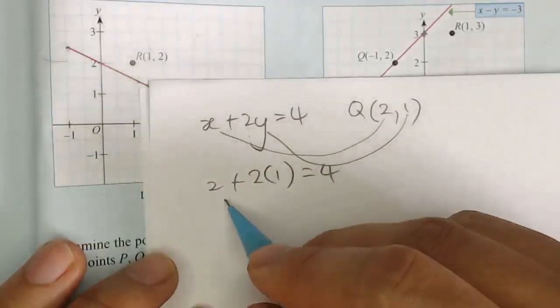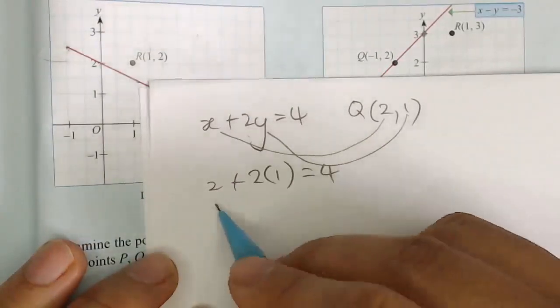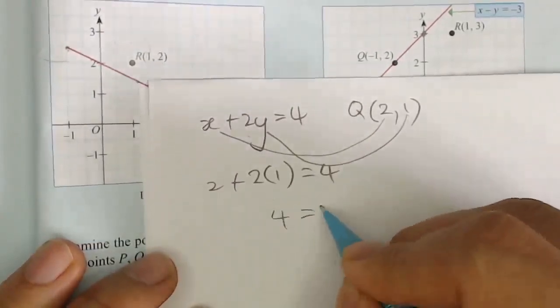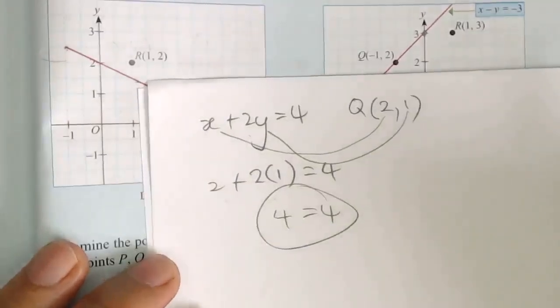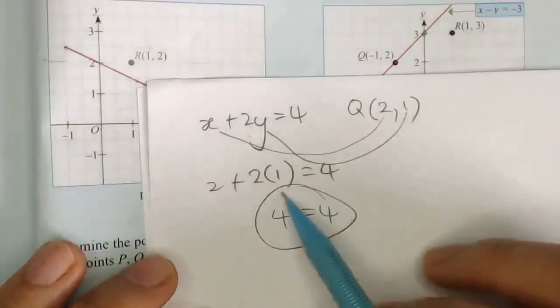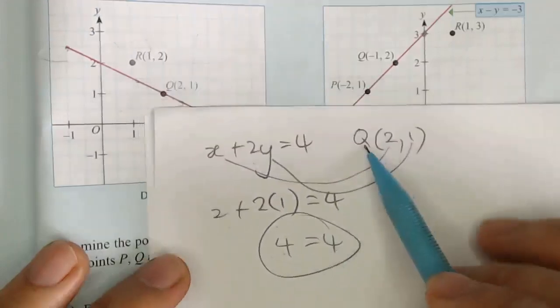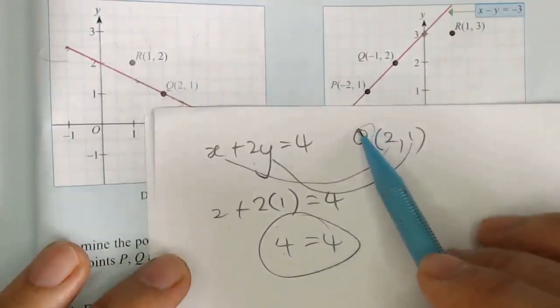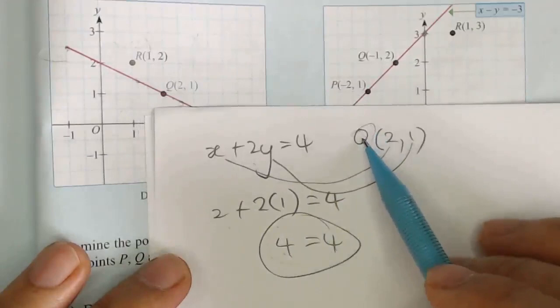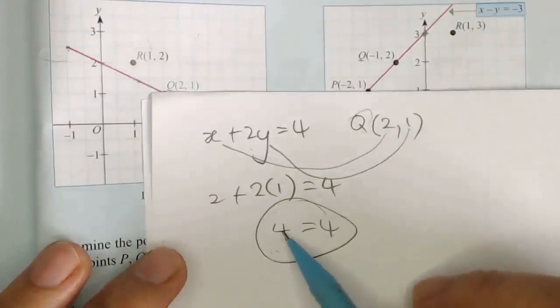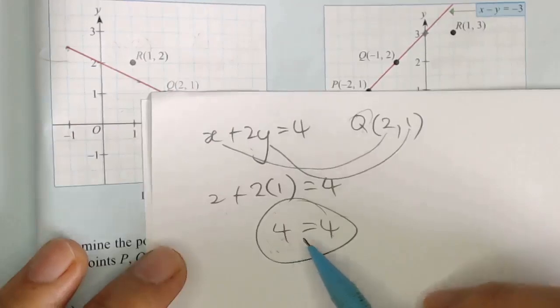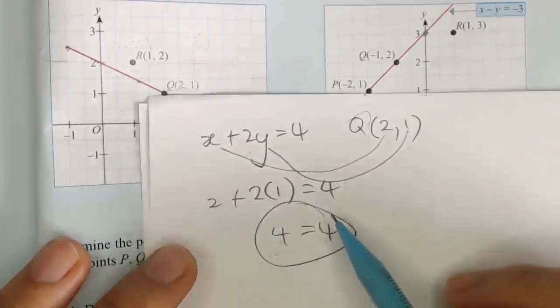Do the calculation: 2 plus 2, we get 4. So what does this tell you? Whenever the left side equals the right side, the point lies on the straight line.